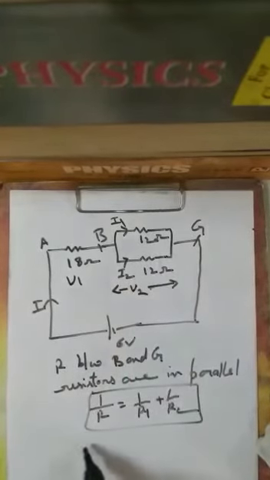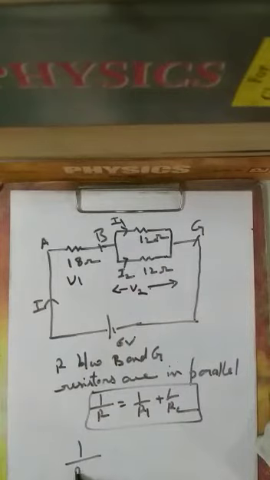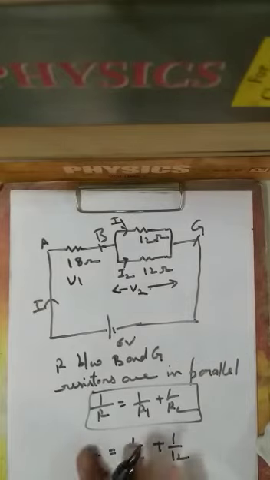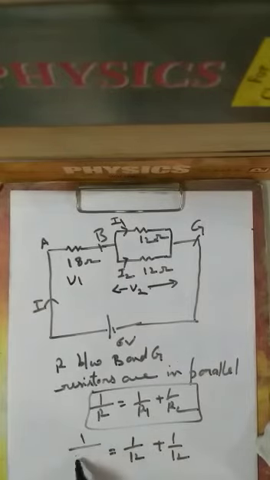Here we let the formula: 1 upon resistance between BG is equal to 1 upon 12 plus 1 upon 12.